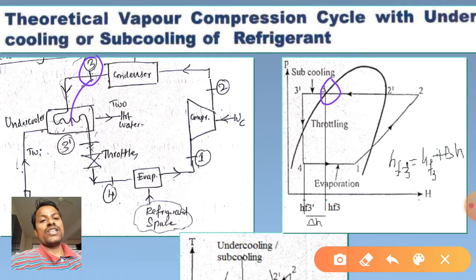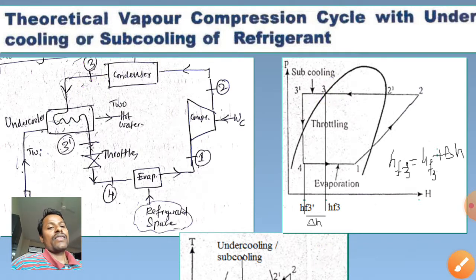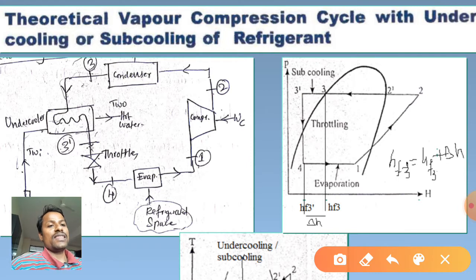Then 3 to 3 dash it is undergoing subcooling or undercooling process inside the undercooler or heat exchanger, you can say. So the 3 to 3 dash again reduces its enthalpy, that is change in enthalpy. Enthalpy at state 3 is HF3, enthalpy at state 3 dash is HF3 dash.